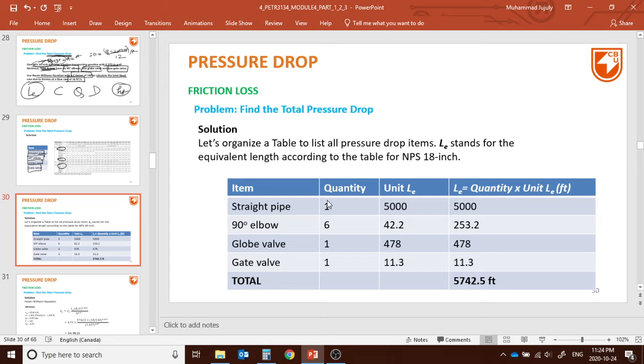So let's organize a table to list all the pressure drop items, and then we can calculate the equivalent length according to the table for NPS 18 inch. The straight pipelines, quantity 1, 5000. So 5000 times 1 equals 5000. Okay, 90-degree elbow, how many do we have? 6.